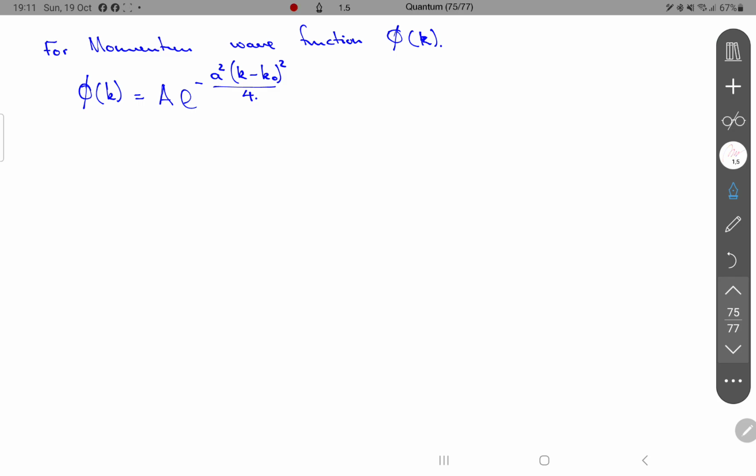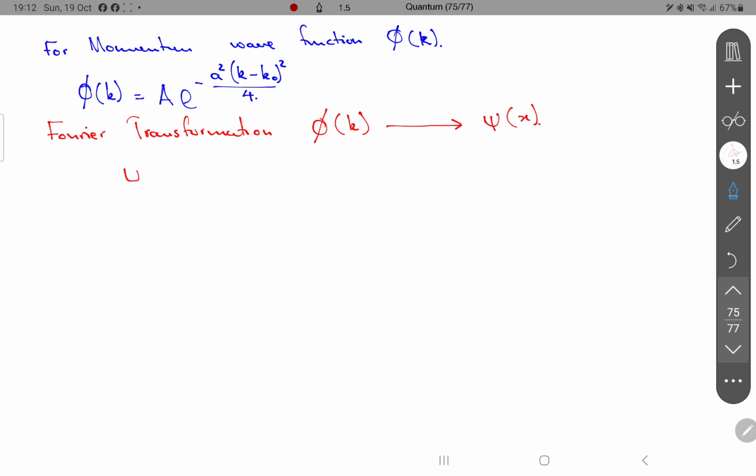For us to get the wave function, we use Fourier transformation. It changes the momentum wave function into a psi wave function. So how do we write the Fourier transformation?